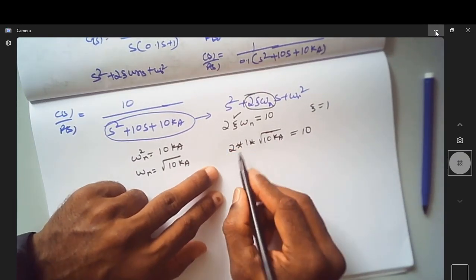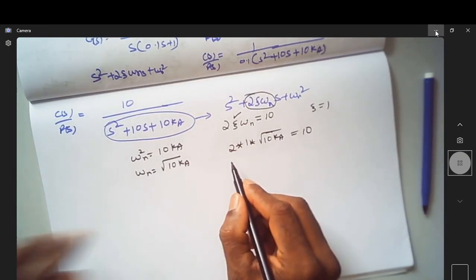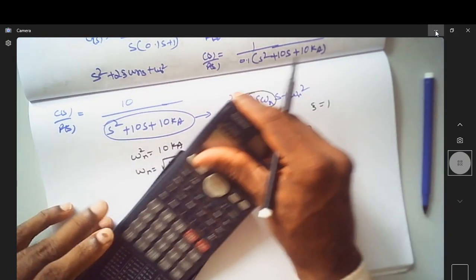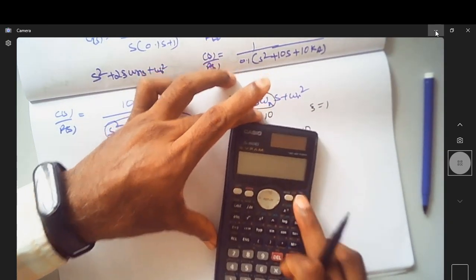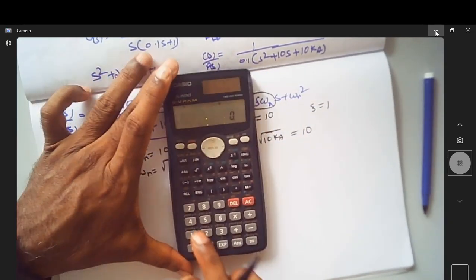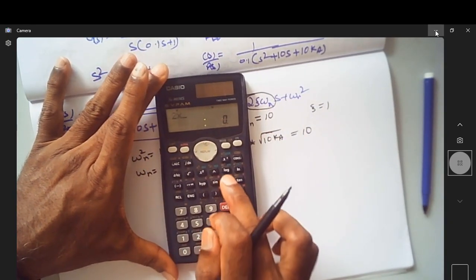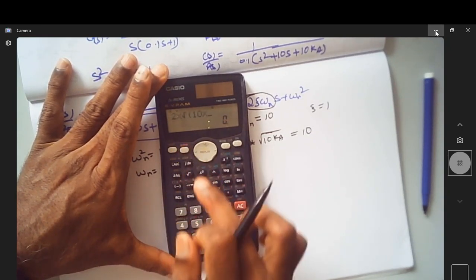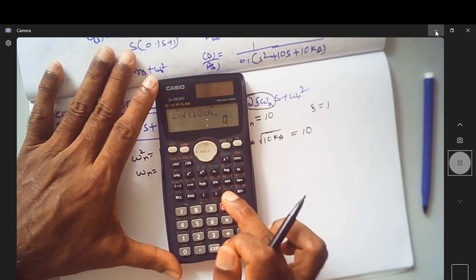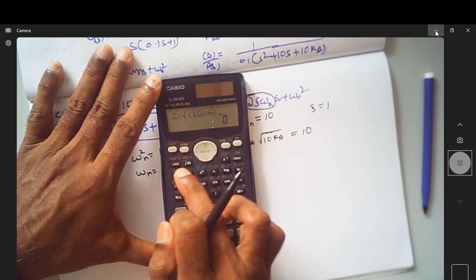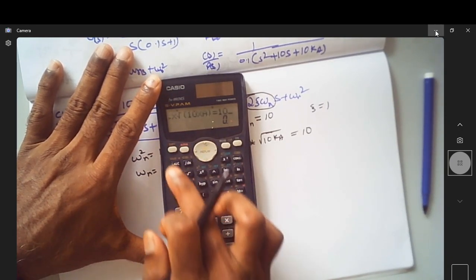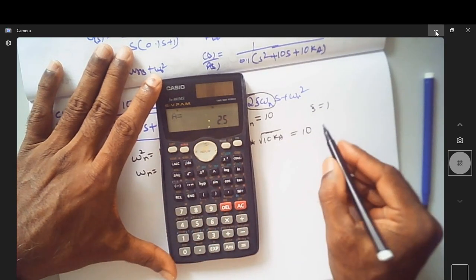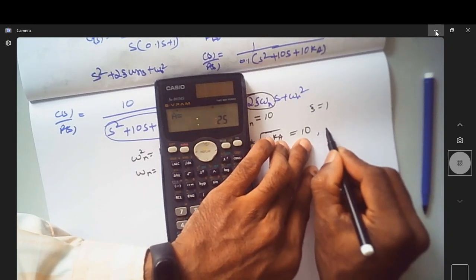I need to find out what Ka is. I can just feed it into the calculator as it is: 2 into under root of 10 into alpha a, close the parenthesis, alpha equals 10, shift cal. That will give me the value of Ka as 2.5.